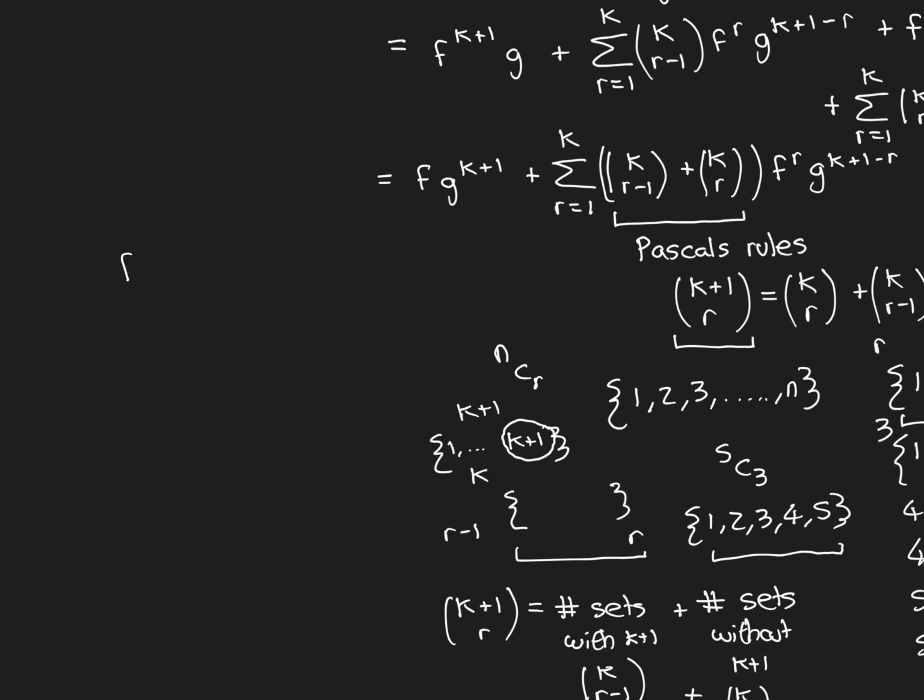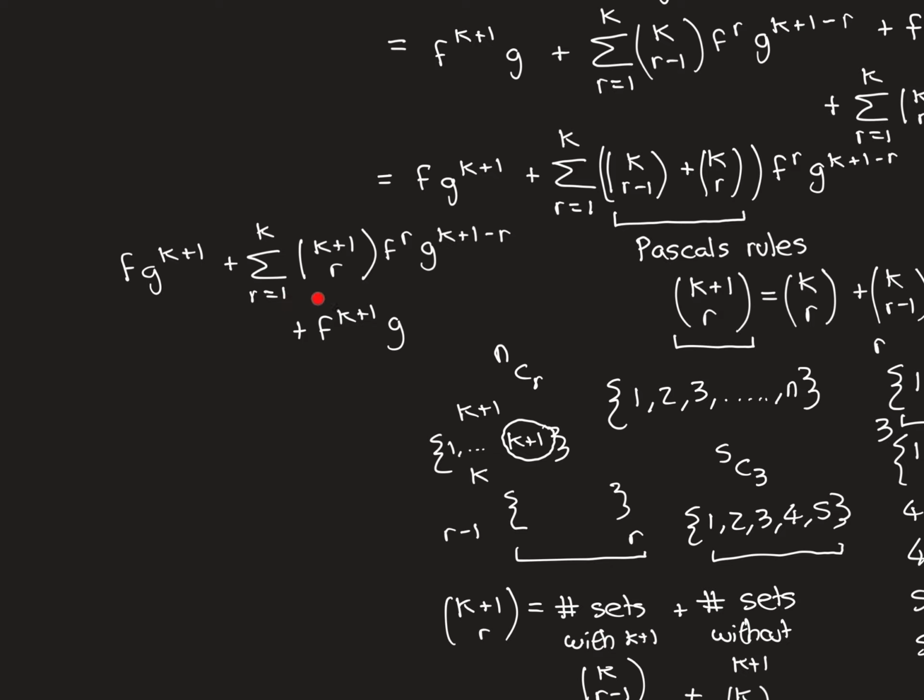So it's going to be fg differentiated k plus 1 times, plus we've then got the sum from r is equal to 1 to k of k plus 1 choose r, f differentiated r times g differentiated k plus 1 minus r times, and then plus finally the other one, which is f differentiated k plus 1 times g differentiated 0 times.